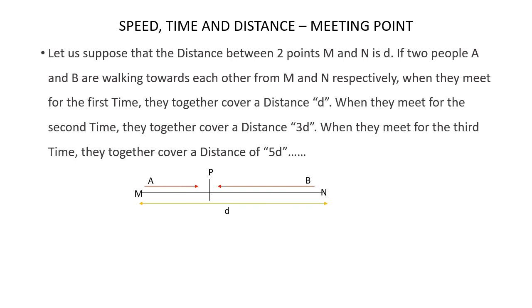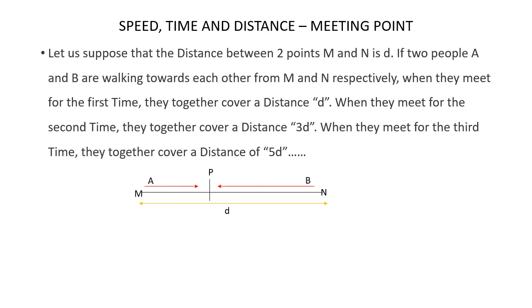Now after meeting for the second time, A travels to M and B travels to N. Together they covered another distance of D. So earlier 3D plus one more D is 4D.